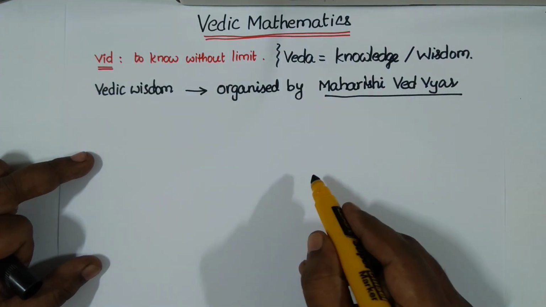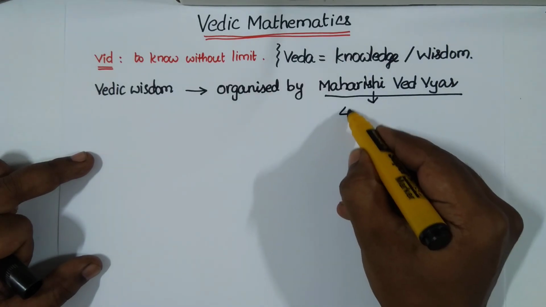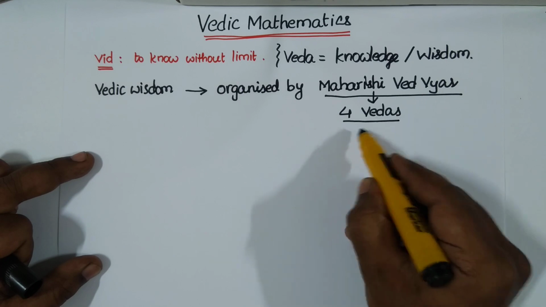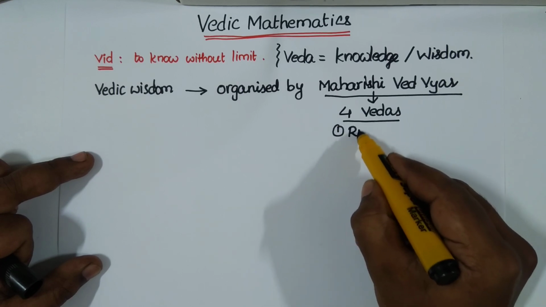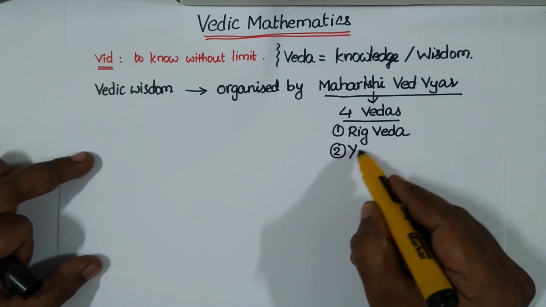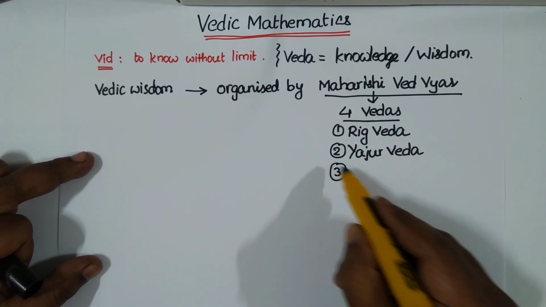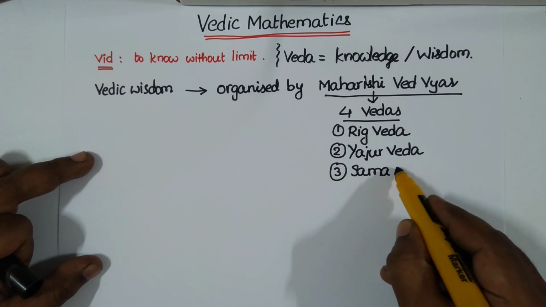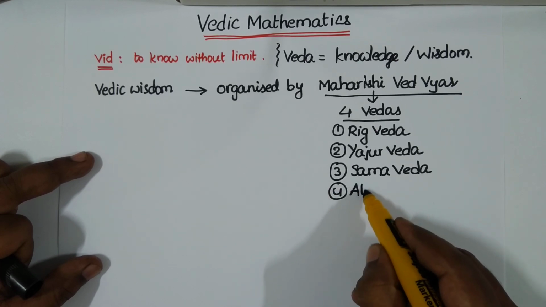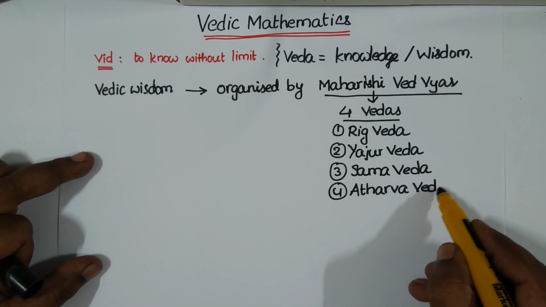This was organized by Maharishi as 4 Vedas, and those 4 Vedas are Rig Veda, and second one Yajur Veda, and third one is Sama Veda, and last one, which we focus on in detail in this course, is Atharva Veda.